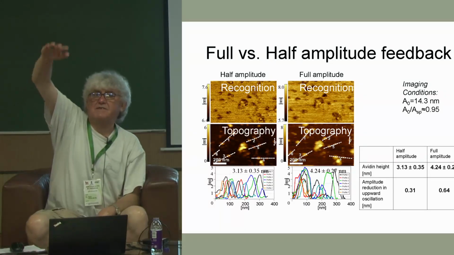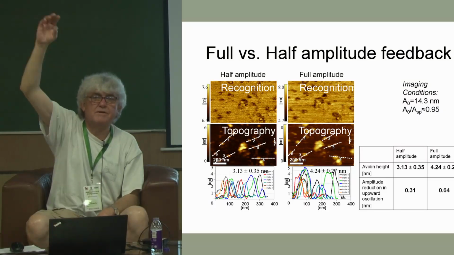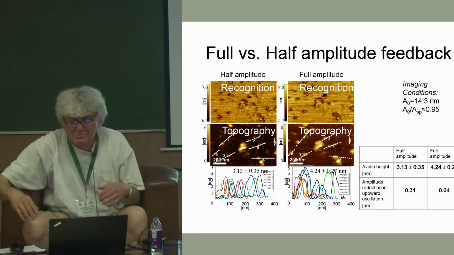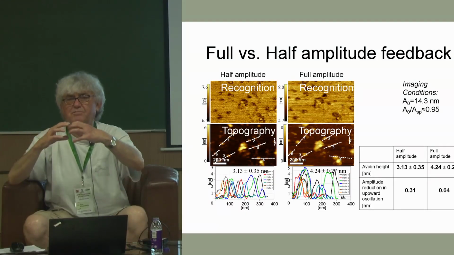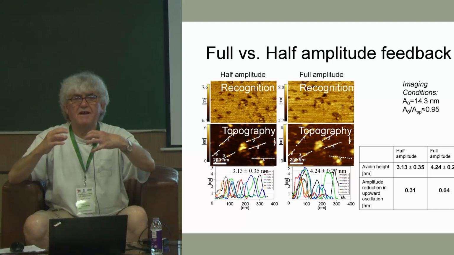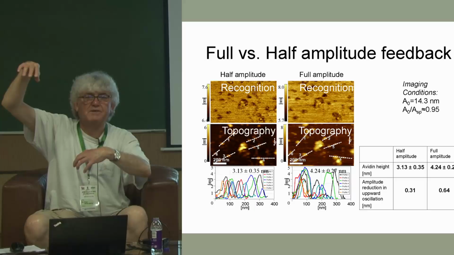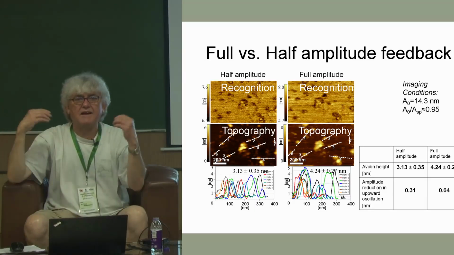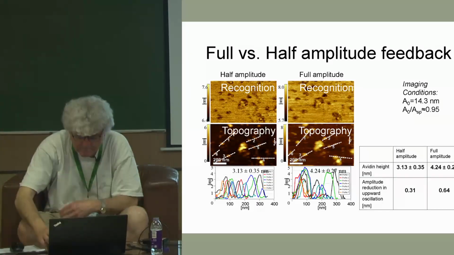Because the scanner is further away from the surface and stretches the crosslinker more. So this would be an advantage: you get a better recognition signal if you put your feedback on the whole amplitude, but you overestimate the height of the protein. That's why ideally the feedback should just be put on the downstrokes.